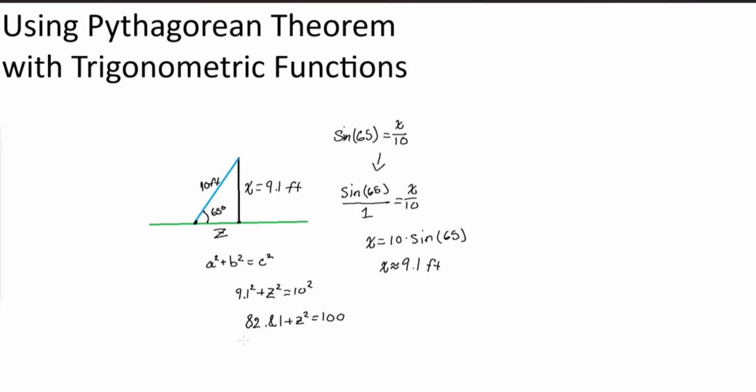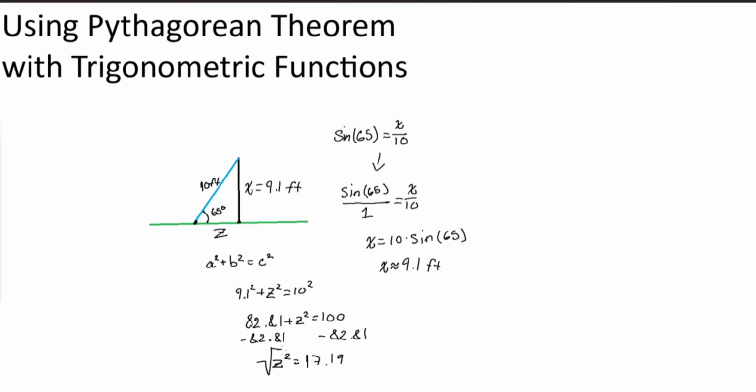Now we can subtract 82.81 from both sides, and we're left with z squared is equal to 100 minus 82.81, and that's 17.19. So z squared is equal to 17.19.